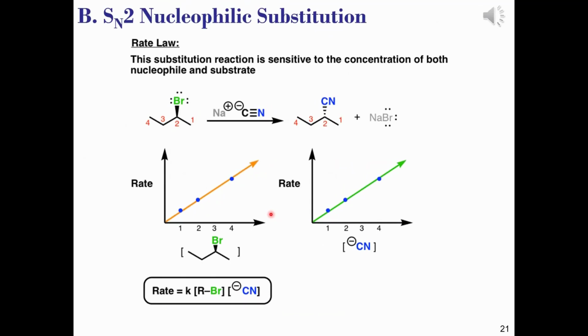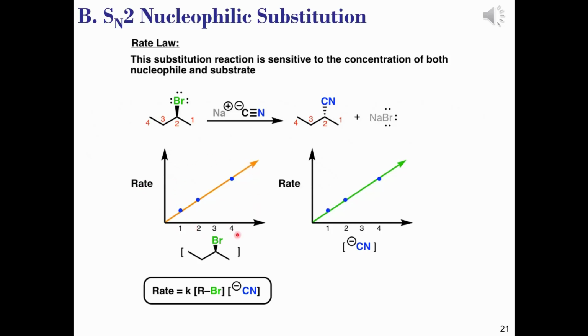The rate law of an SN2 reaction is second order overall, and we can see this because the substitution reaction is sensitive to the concentration of both the nucleophile and the substrate. In the first graph, what we see happening is that there is a directly proportional relationship between the substrate concentration and the rate. We have to assume that the temperature and the cyanide concentration were kept the same.